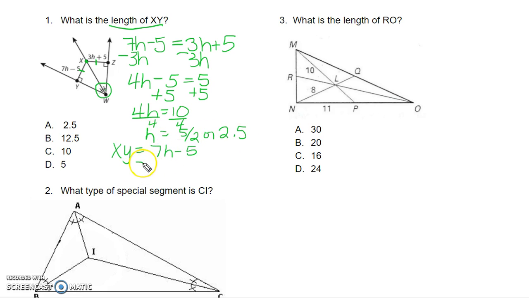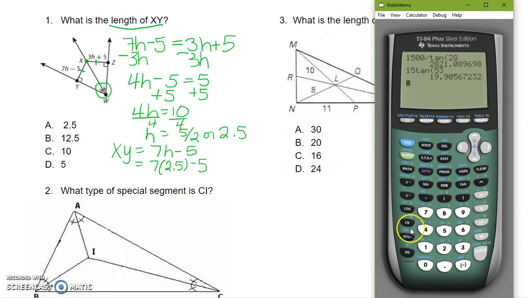H is 2.5, so I can plug that in. 7 times 2.5 minus 5, and since we have our calculator up and handy, I'm going to type in 7 times 2.5, and then I'm going to subtract 5, and I get 12.5. So that answer choice is there. XY is 12.5, and that's going to be B.